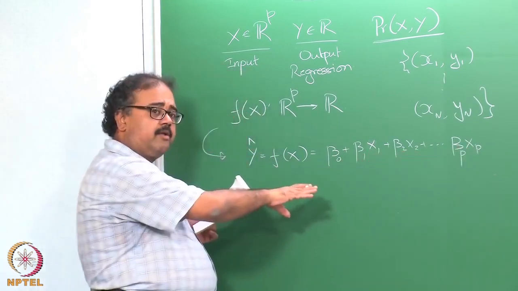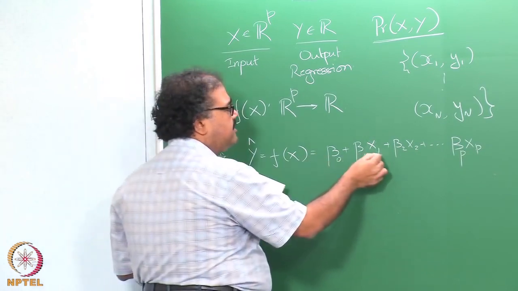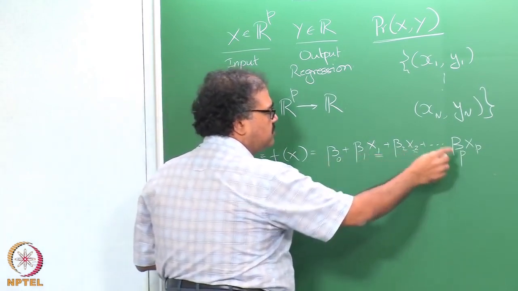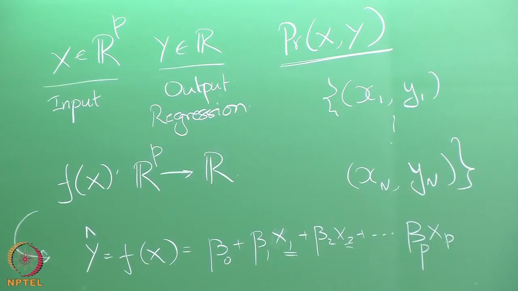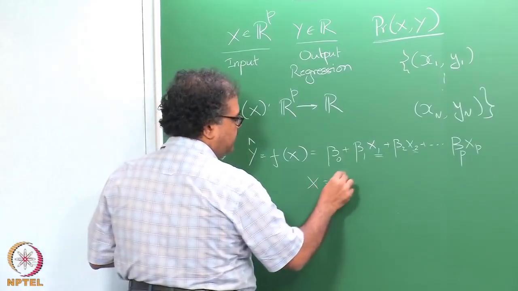The one thing I want you to note here is that this x1, x2, and so on are essentially the coordinates of x. So when I say x here, x essentially comprises these coordinates.